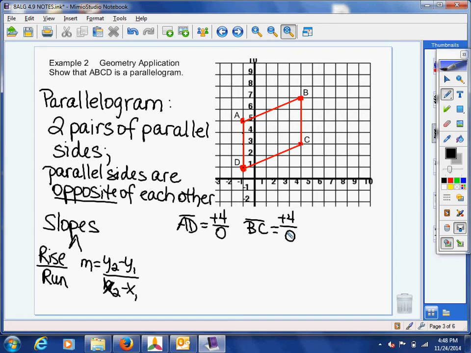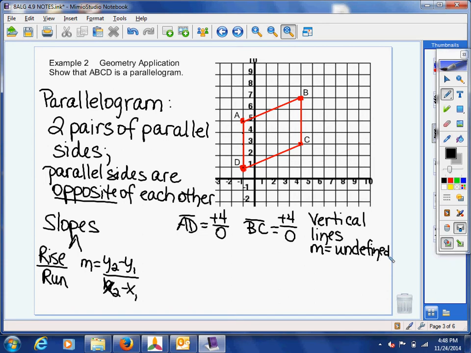And so they're both vertical lines, first of all. And I just showed you numerically that the slope is undefined. So they both share the same exact slope. We're dividing by 0, which we can't do, so that means they have an undefined slope. AD and BC have undefined slopes, and that means that they must be parallel.